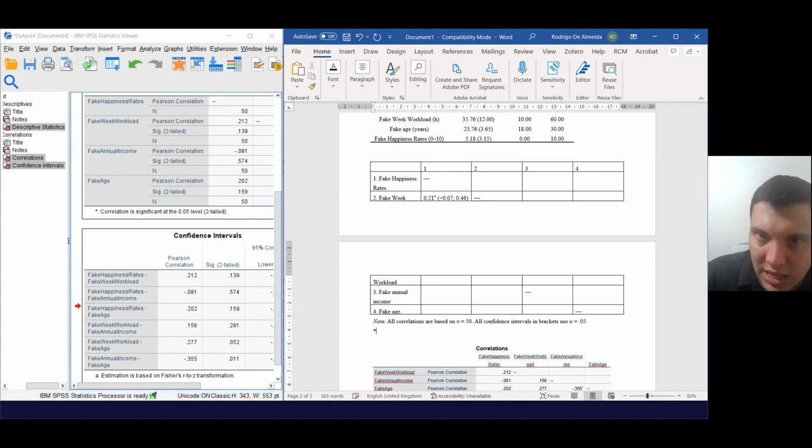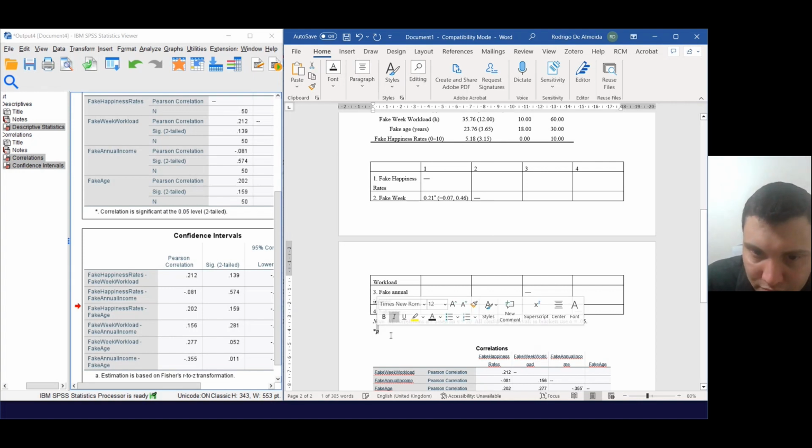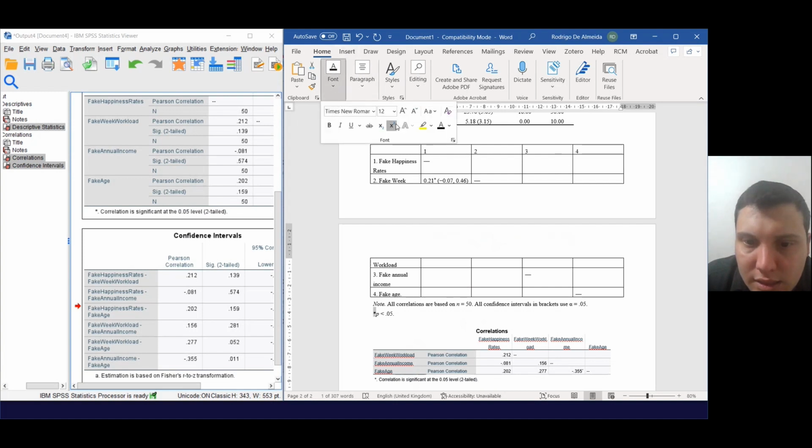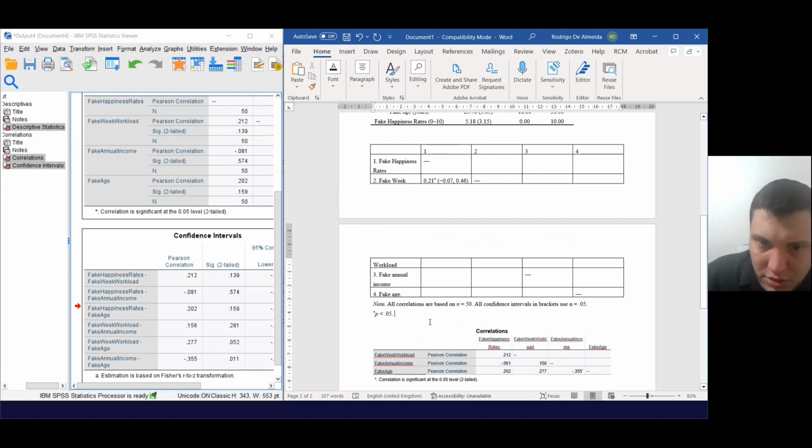You put the asterisk, and with no spaces, you write p, and this p goes with italics, smaller than 0.05. So this asterisk is not superscript. It's going to be superscript now. Okay. Then you have the other.